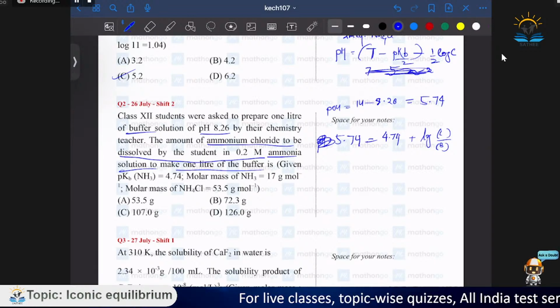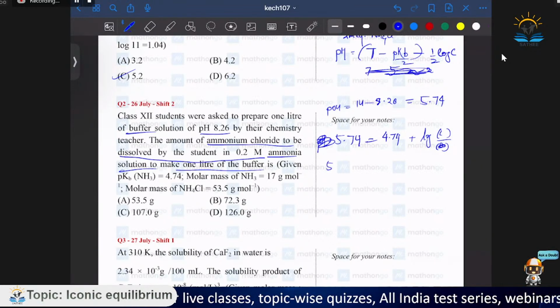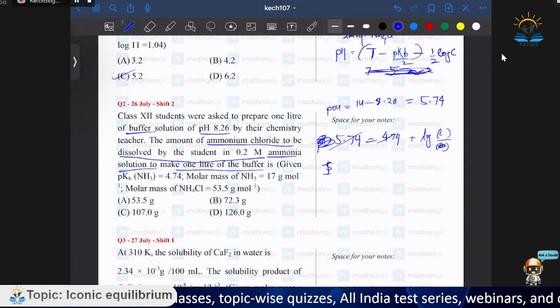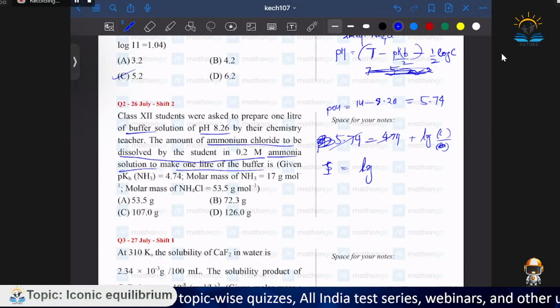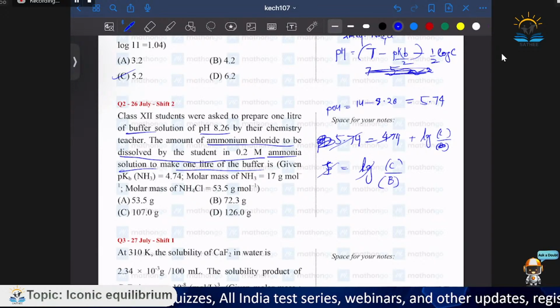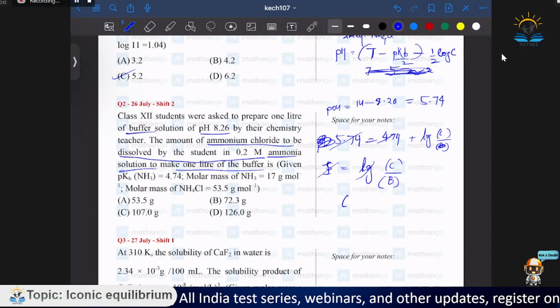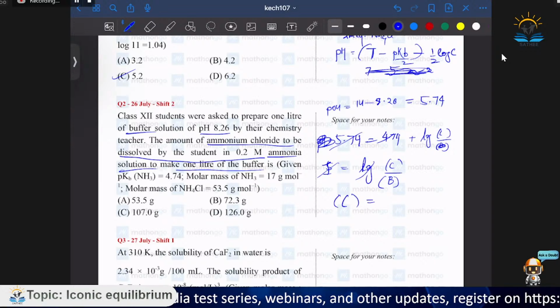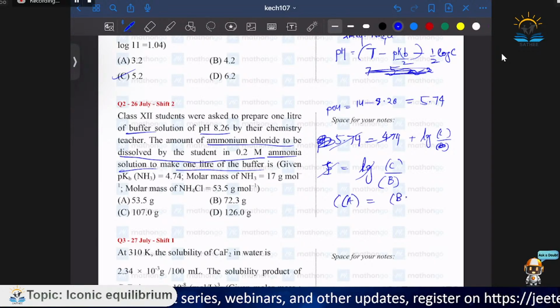They have already given you the concentration of the base, which is the ammonia solution. So we'll just subtract this. This is 1 is equal to log C by B. So the concentration of the conjugate acid is equal to the concentration of the base.